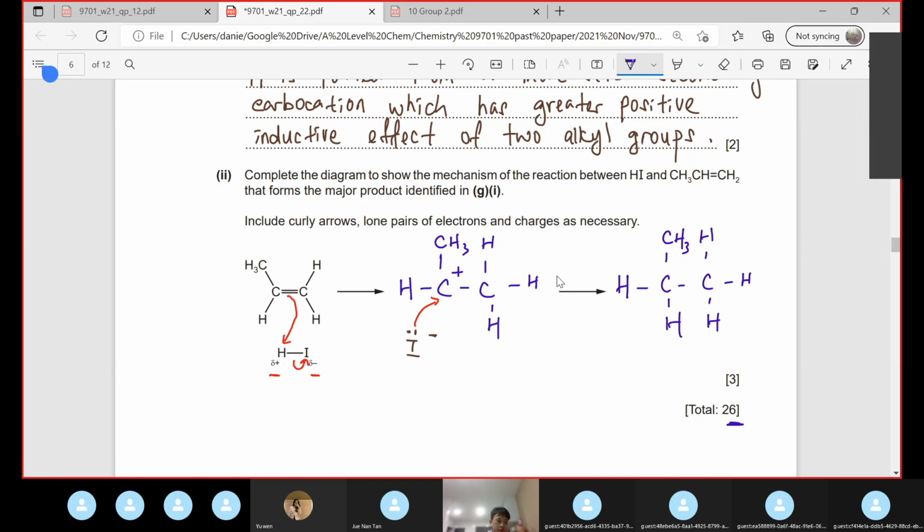Something like that. Then you will score the 3 marks. For this mechanism, you only have one product.